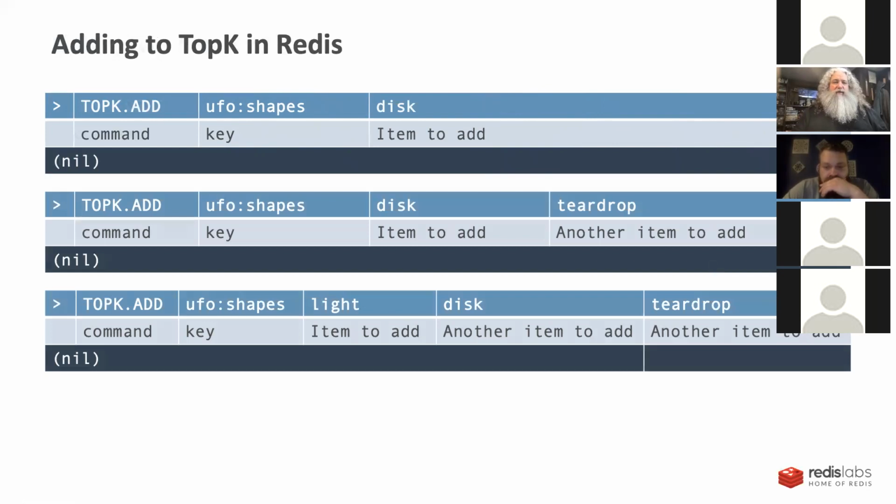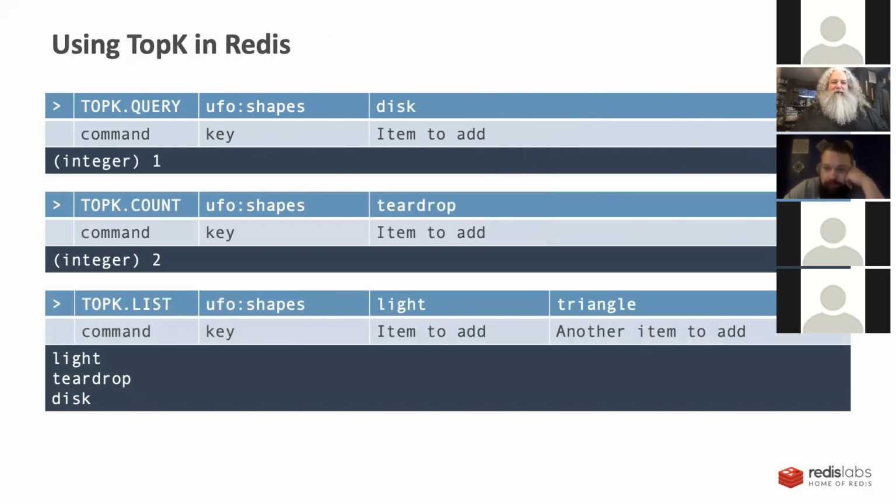To use it, you just add items using topk.add, and it adds them. There's not much to be said about it other than it adds them. And then when you go to query it, you can say query this, and it will say, yes, it's there. You can count it, and it will give you the count out of the heavy keeper, which could be lower than reality.